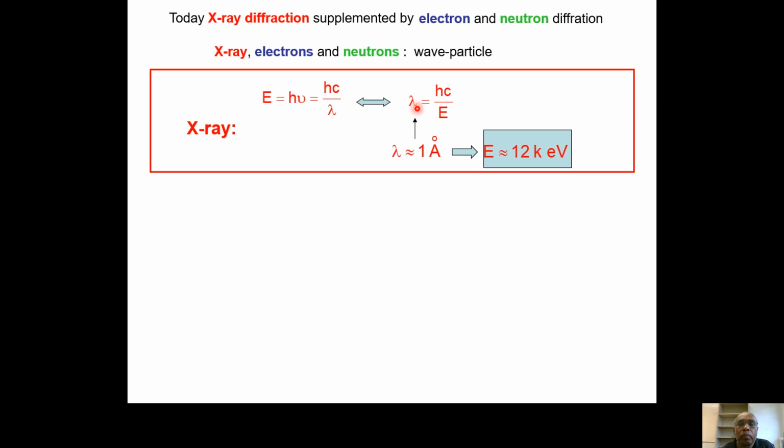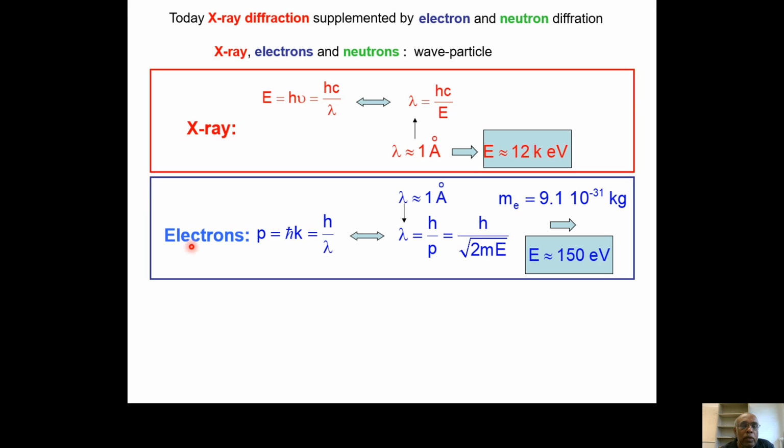So lambda is given by hc over E. If you use lambda about 1 angstrom, you can use the h and c values, and if you calculate, your energies are about tens of kilo electron volts. That's the important thing to remember.